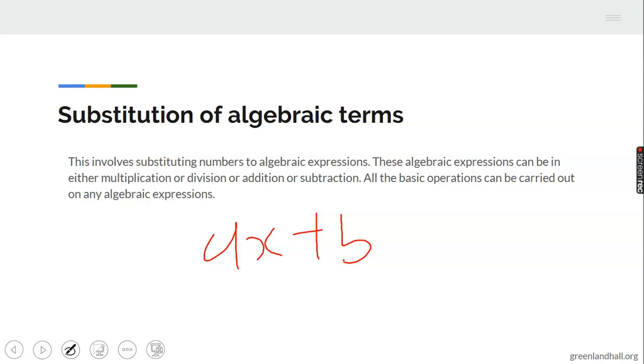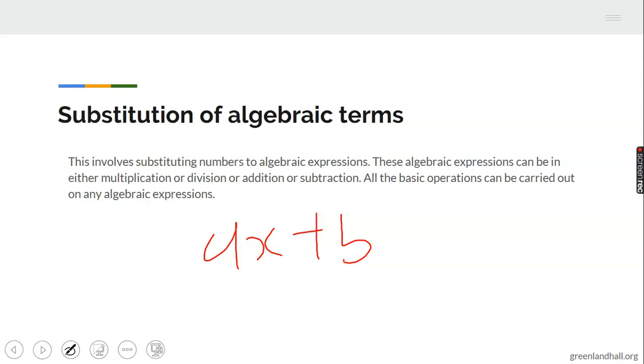Note that it can be in the multiplication form, the division form, addition form, or subtraction form. All those things are what we've discussed then. If you have A multiplied by B, that is AB.